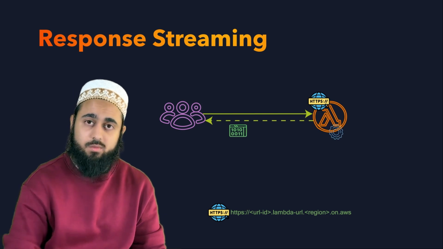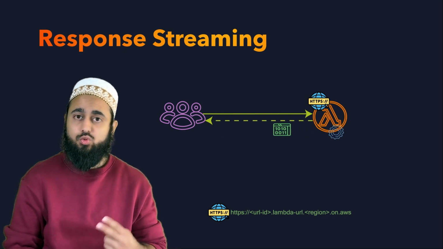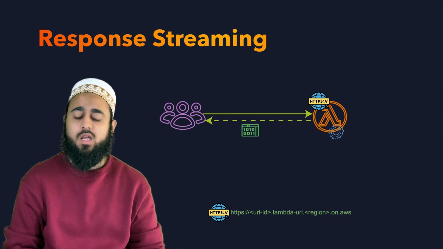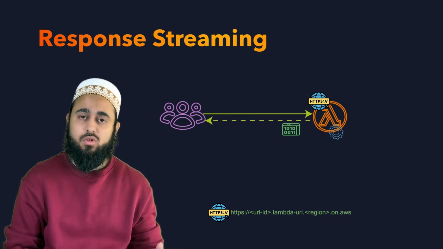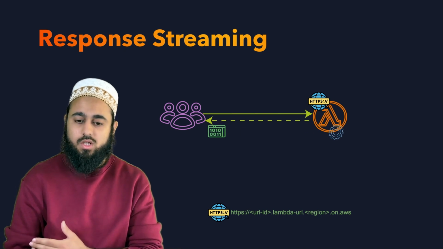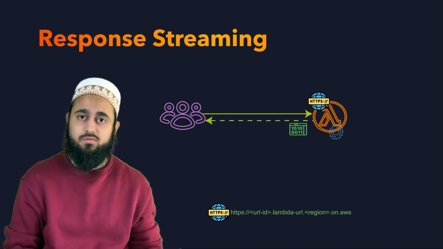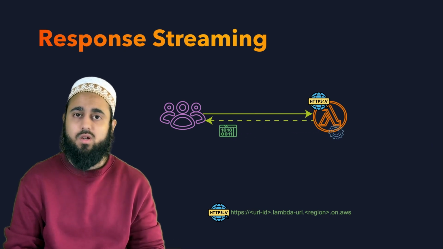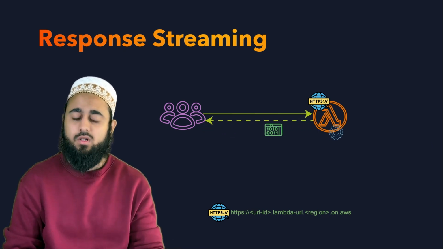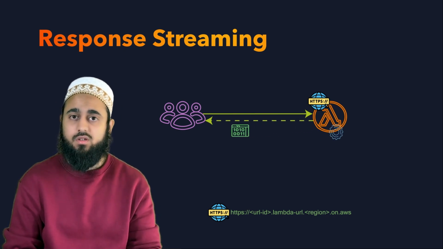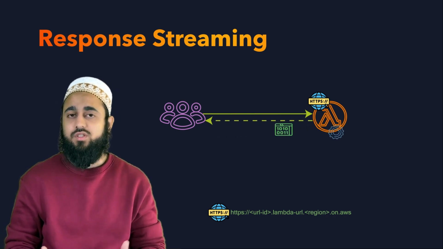In order to enable this, we'll be making two changes. One in our SAM template, where we'll be changing the invoke mode to stream mode. There are two modes that we use in AWS Lambda. One is buffer mode, which is the default, and in order to use the response streaming feature, we change that mode to response stream.